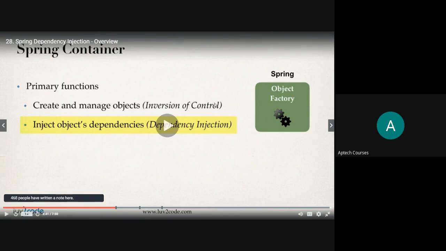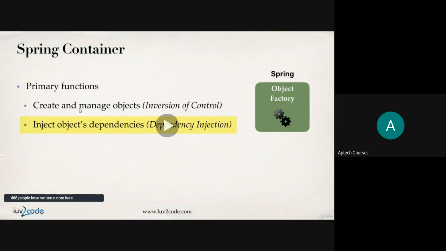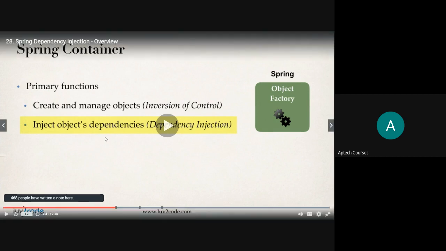We are simply giving it that name. Another function it can do is injecting the object's dependencies. That is what we call dependency injection. Now we'll see what dependency injection is. That is done by the Spring Container. Simply put, the Spring Container is an object factory, a Spring object factory.